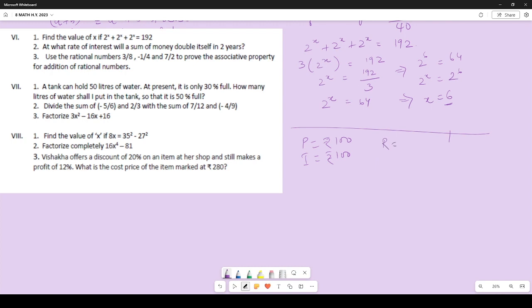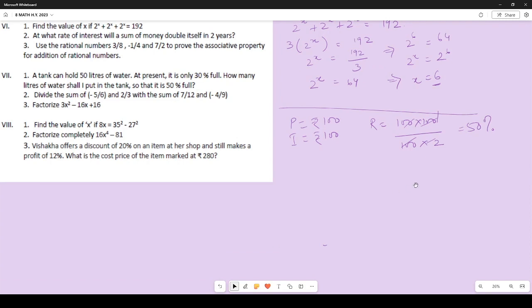So when we are finding out the rate, it is interest into 100 by P into time. So in 2 years, the rate will be 50%.